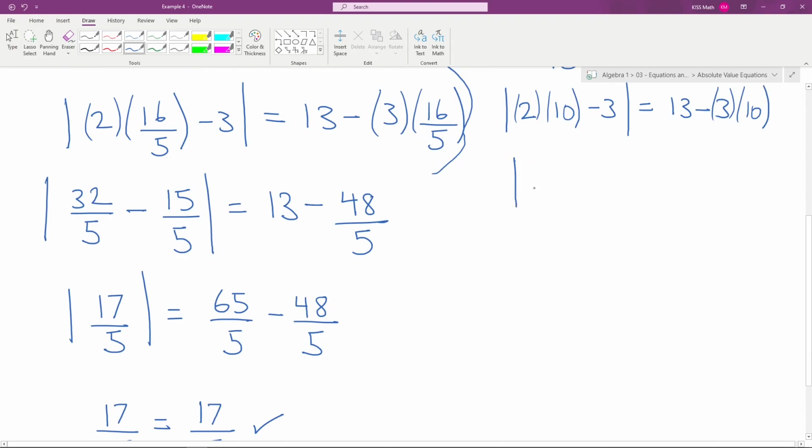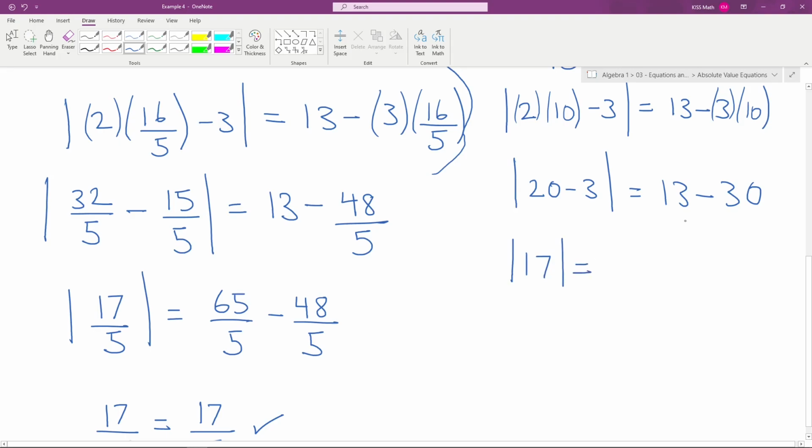We have 2 times 10 is 20 minus 3 equals 13 minus 30. And so this will just be absolute value of 17 equals 13 minus 30 is negative 17. Absolute value of 17 is just 17 equals negative 17.